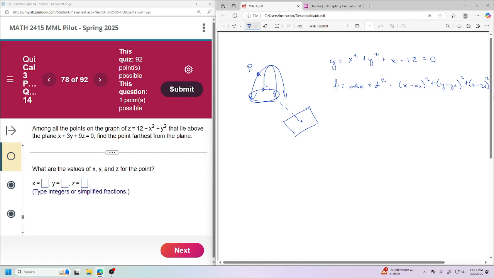Maybe. You're right, because that would give me more. I would go back to my formulas essentially for that. Let me think about this for a second. It's been a while. It's Stump the Professor Day again. And that plane is going to help me. I wonder if it lies above the plane. Wouldn't the plane be our function in this case?